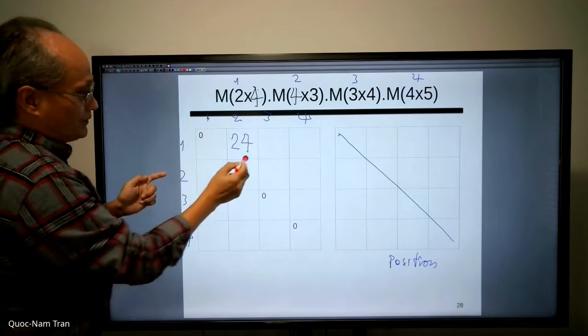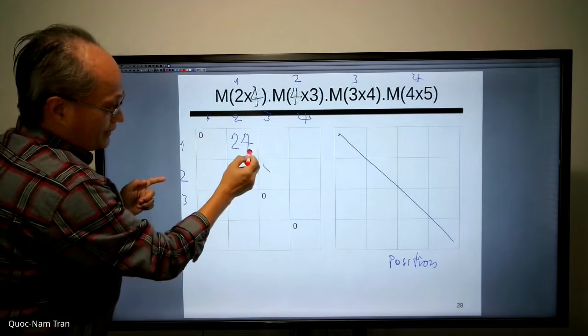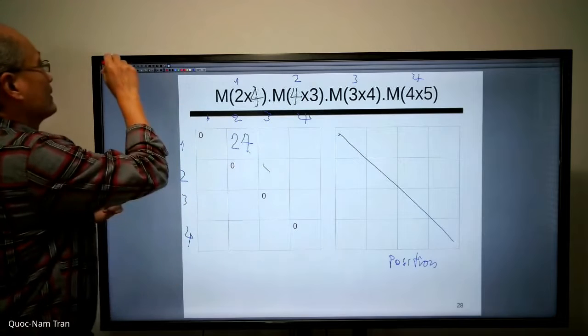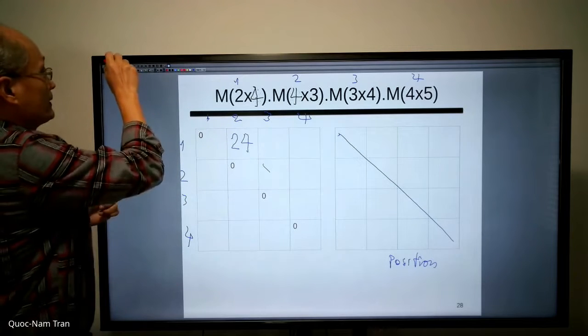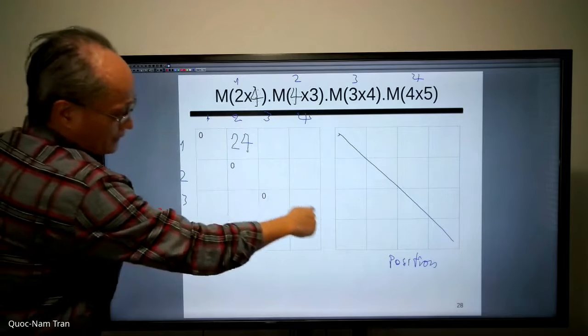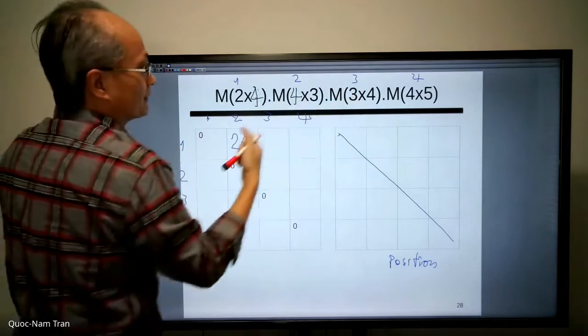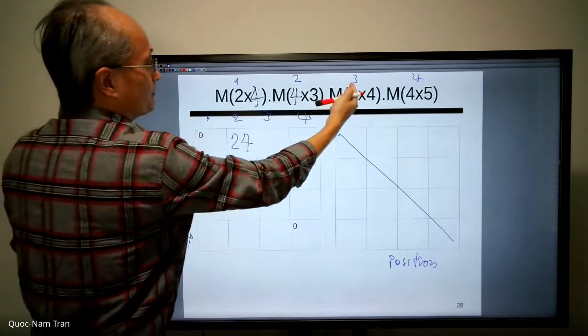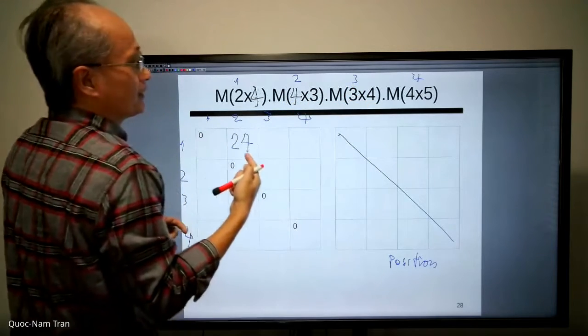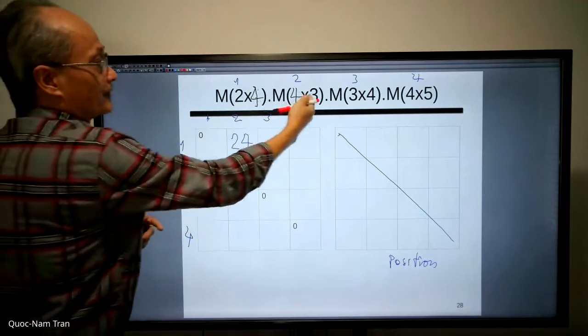Now, the next one will be this cell, right? The next one will be diagonally, right? So we have 2 to 3, 2 to 3, okay? 4 times 3 times 4, okay?